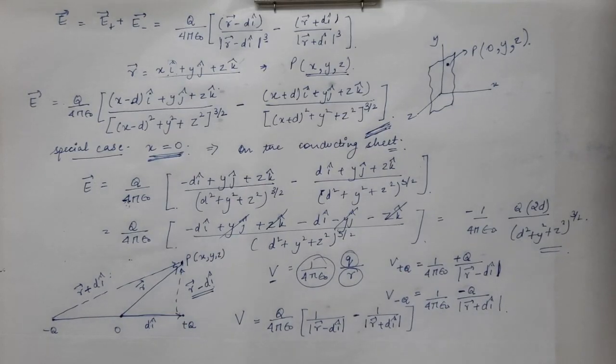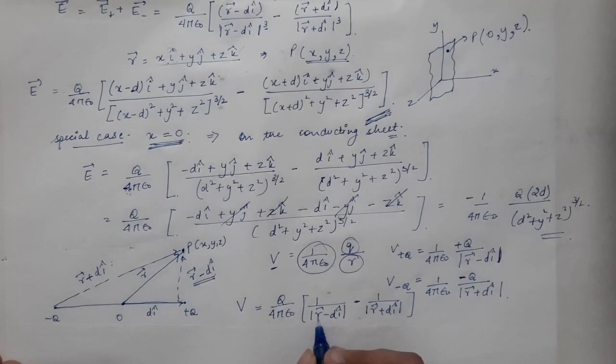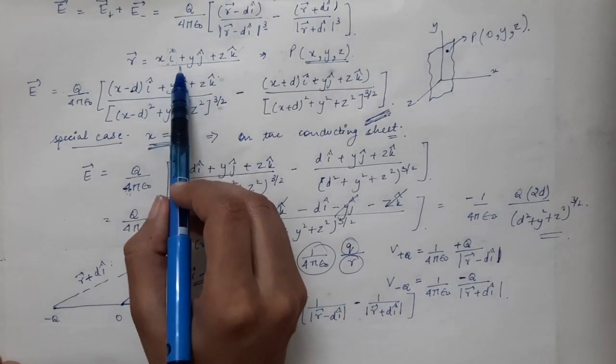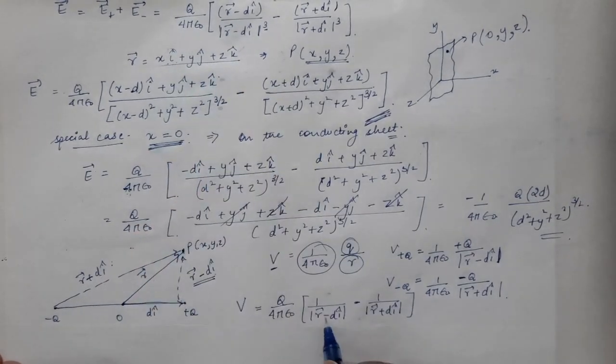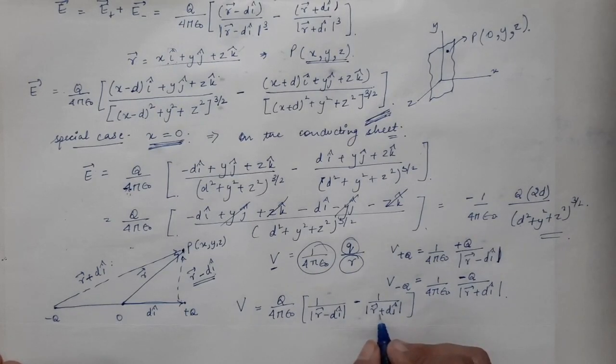Similarly, you can again solve the denominator. In the denominator you will insert r vector as x i cap plus y j cap plus z k cap, and then you will find its magnitude, and similarly you will find the magnitude of the other term. On solving that you will get the final expression of potential. So you will solve that step by yourself.